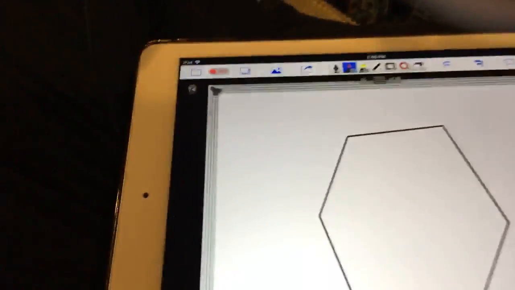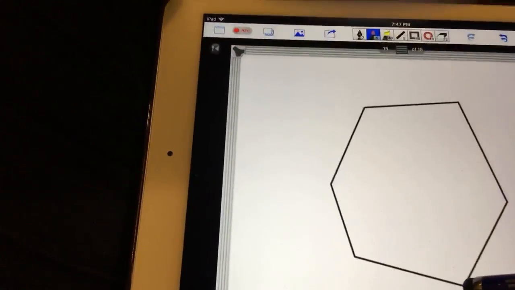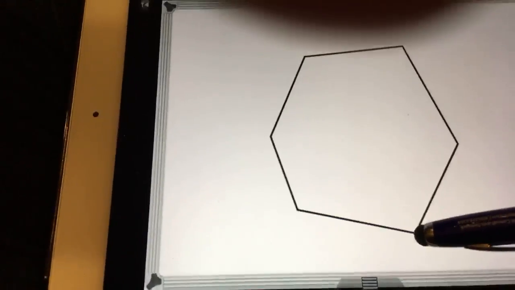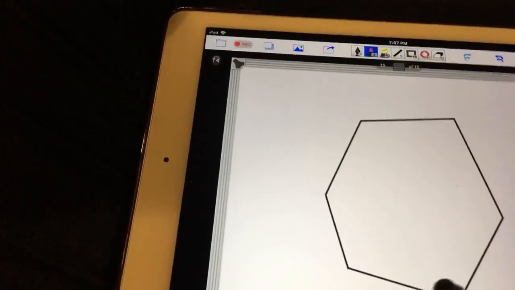Okay? Do you need this? Yes. All right. So let's draw all the diagonals that go from this point right here. I can't draw a diagonal to that point because it's there. I can't draw a diagonal to that point because that's a side. I can't draw a diagonal to that point because it's a side.